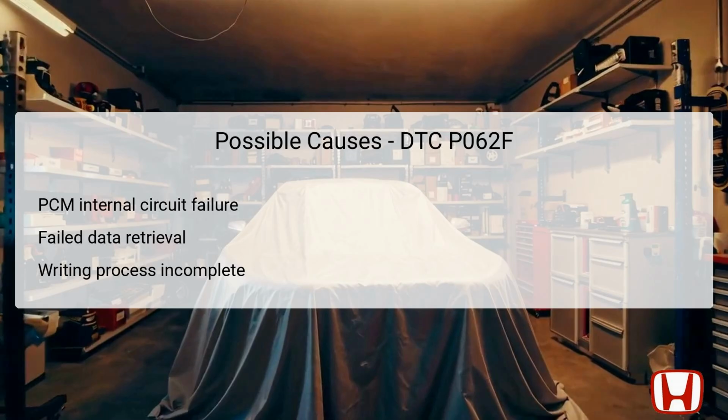It is important to note that these issues can arise due to diverse factors such as faulty connections, software glitches, or aging hardware within the PCM. While these may seem straightforward, diagnosing the precise cause often requires a detailed examination using specialized diagnostic tools.